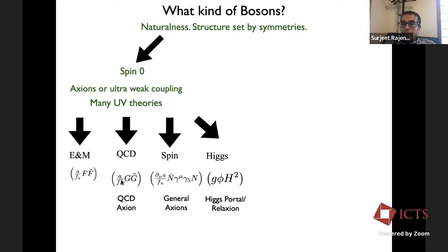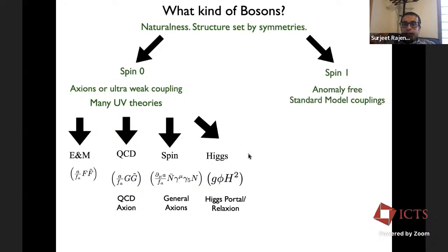The second possibility is that this particle couples to gluons through a coupling a over f G G dual. If it has that coupling, that is called the QCD axion. It can also interact with the spins of standard model fermions like electrons and nucleons through the operator derivative mu a, n bar gamma mu gamma 5 n. And it can generically interact with particles like the Higgs through couplings of the form g phi Higgs squared. This is called the Higgs portal or the relaxion coupling.